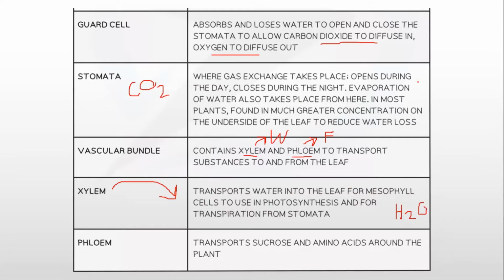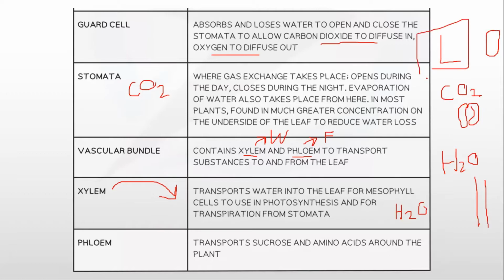So if you see all of these things, the light energy is absorbed by the palisade mesophyll cells. The CO2 is absorbed by the guard cells and stomata. The water is brought to the cells through xylem vessels, and all this light energy, CO2 and H2O are raw materials for photosynthesis.